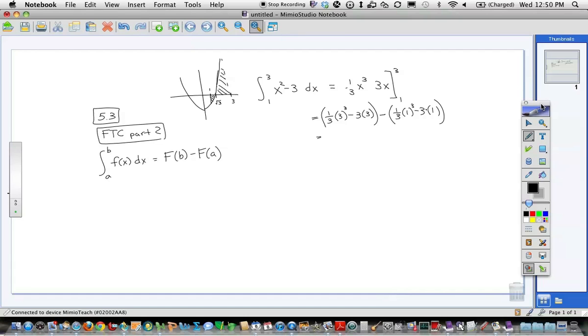Okay, so 3 cubed is 27 times a third, that's 9, minus 9. Here we get 1/3. Minus 3, so we end up with 0 minus, what's that, 1/3 minus 9/3, negative 2 2/3 or negative 8/3.